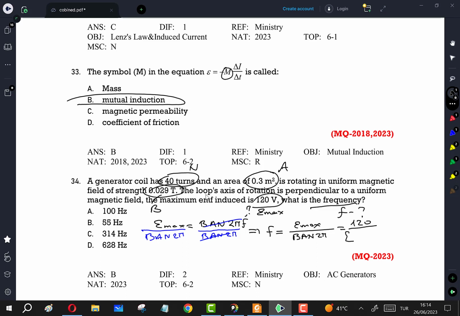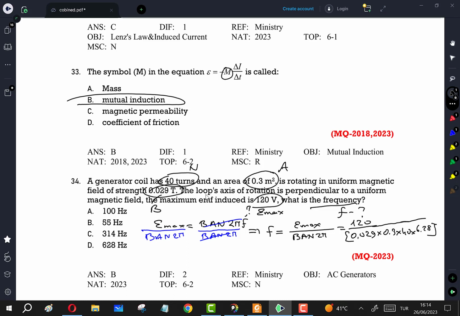B is 0.029. Area is 0.3. N is 40. 2 pi is 6.28.